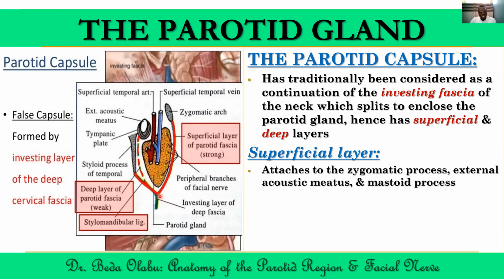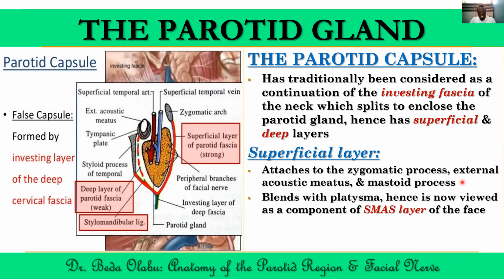The superficial layer specifically attaches superior to the zygomatic arch. Generally, it will also attach to the external acoustic meatus and mastoid process. We note that this particular fascia blends with the platysma. And so there's a newer view of looking at this fascia because it blends with the platysma and indeed may even have some muscular fibers within it as extensions of the platysma.